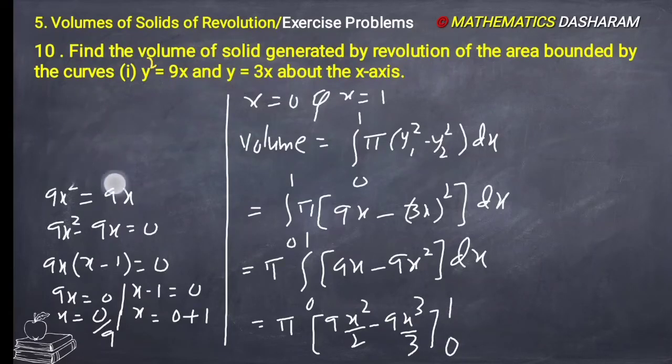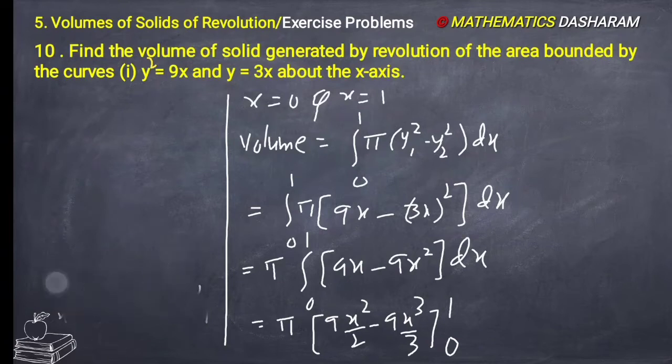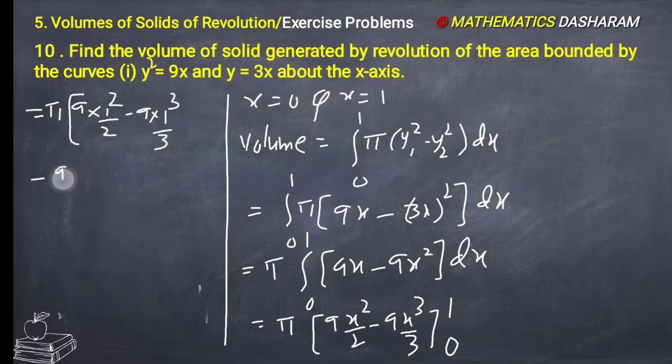Next, substitute the upper and lower limits. It equals pi bracket of 9 into 1 square by 2 minus 9 into 1 cube by 3 minus 9 into 0 square by 2 minus 9 into 0 cube by 3.